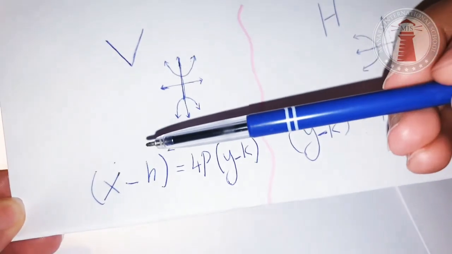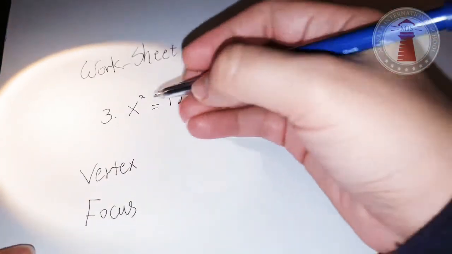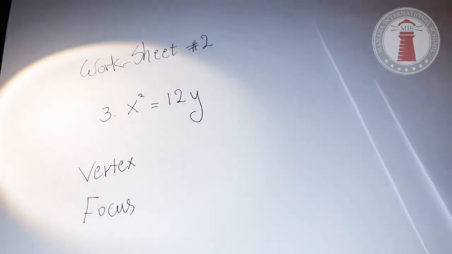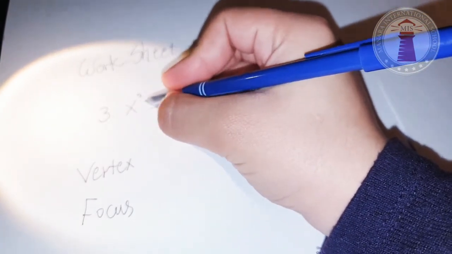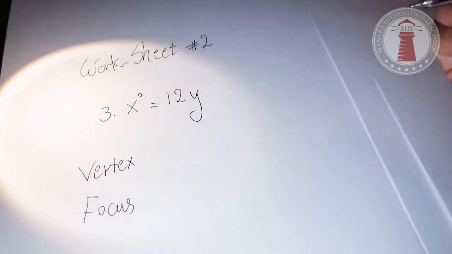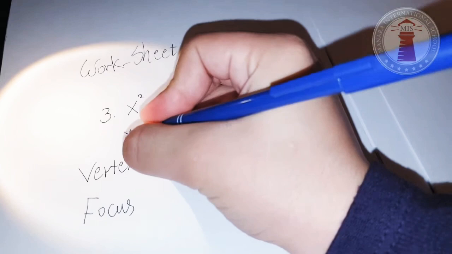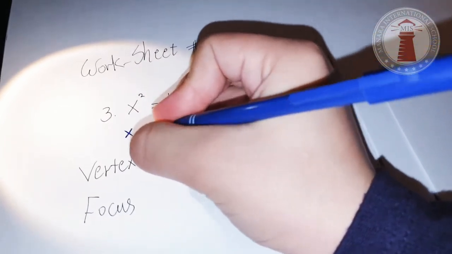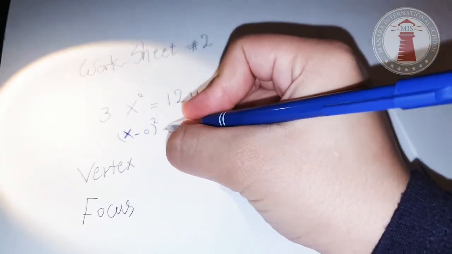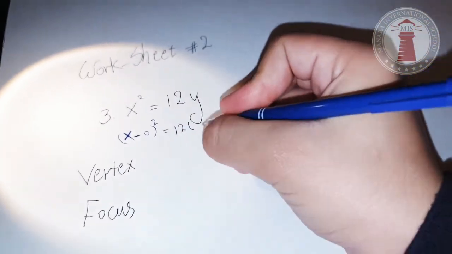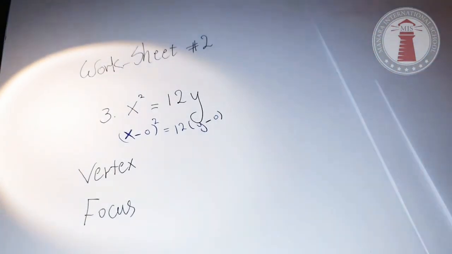So here we have h and k, which are the coordinates of the vertex. Now what is h in this case and what is k? Here we have x only, x squared. We don't have any number with the x, which means it's originally x, basically x minus 0 squared, and then it's equal to 12 multiplied by y minus 0, and that's it.